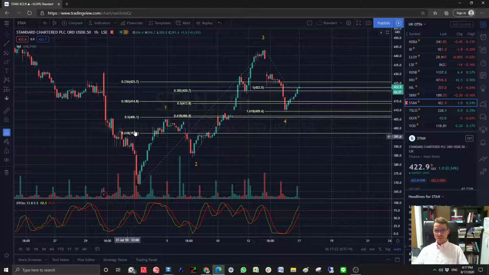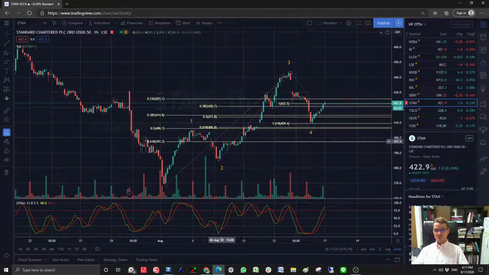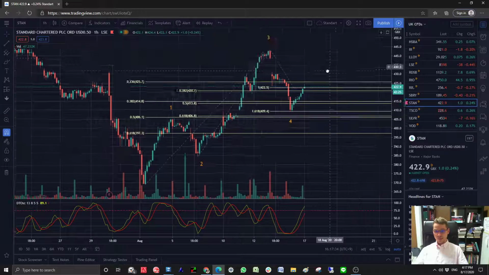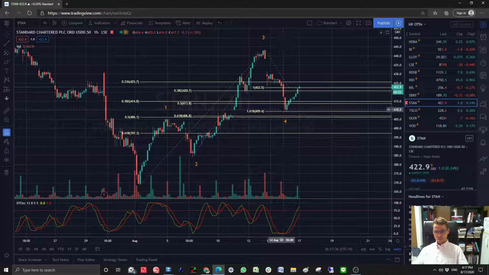In this case, I might have an impulsive wave subdivided in a 5-wave moving towards the upside, and normally what I like to see is an engulfing pattern happening in at least the first candle, 2 candlesticks here.